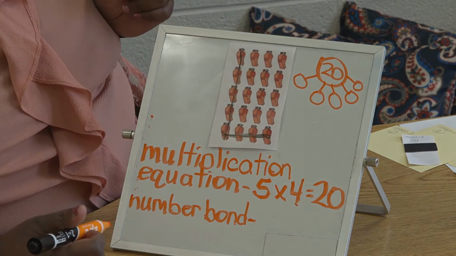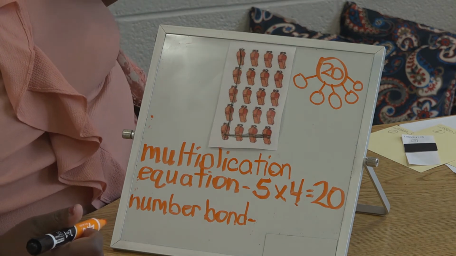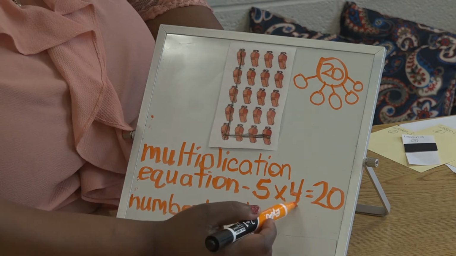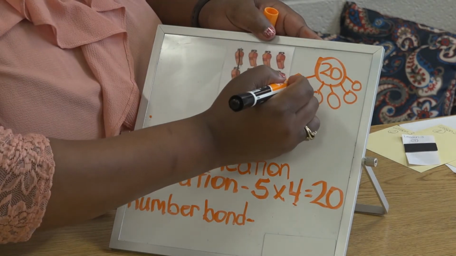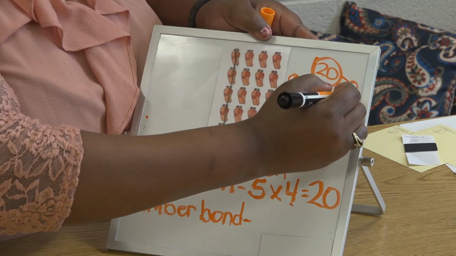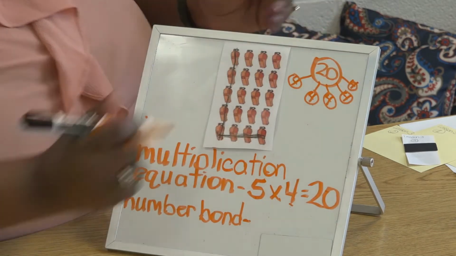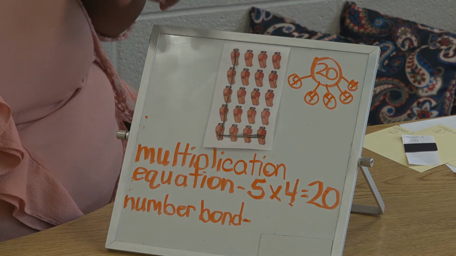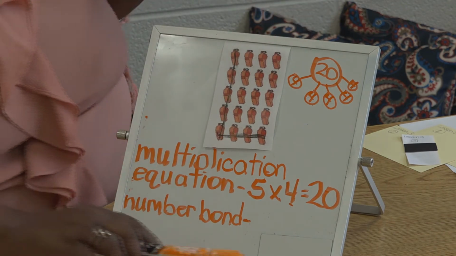And what number would go in the 5 circles? And I hope you would say the second number, the 4. 4, 4, 4, 4, and one more 4. That's an example of using the number bond.